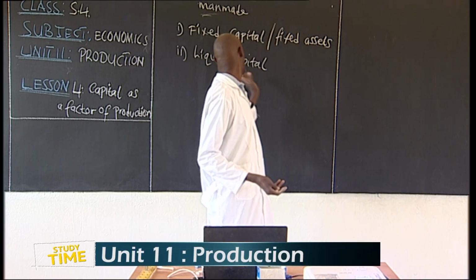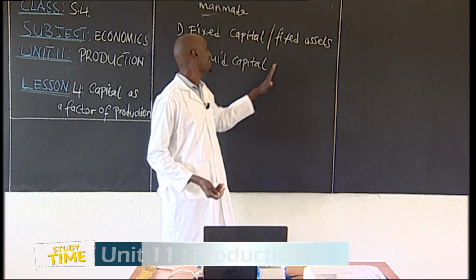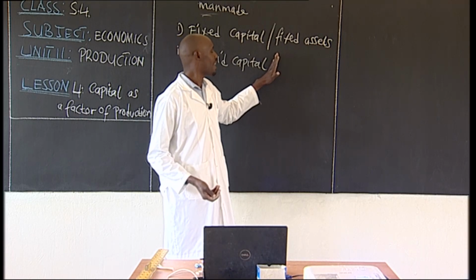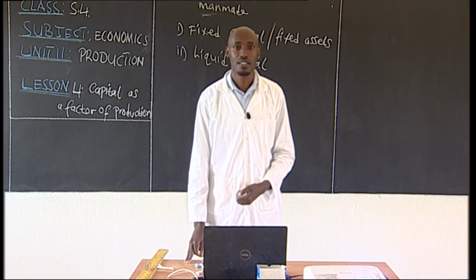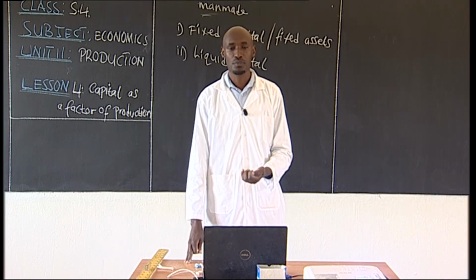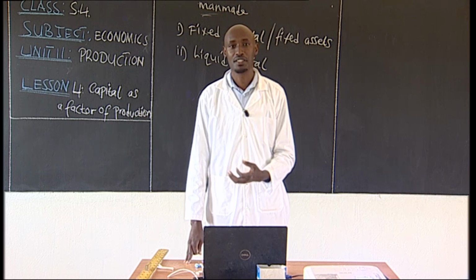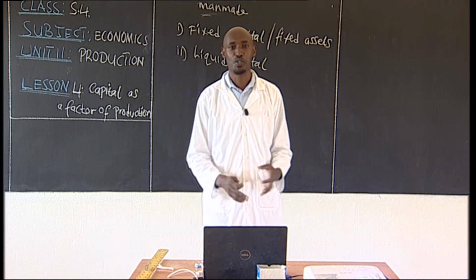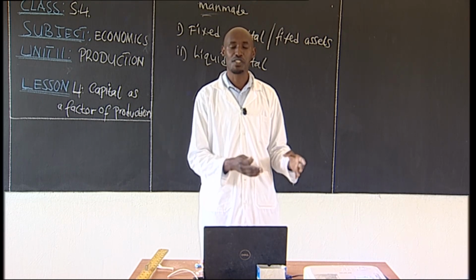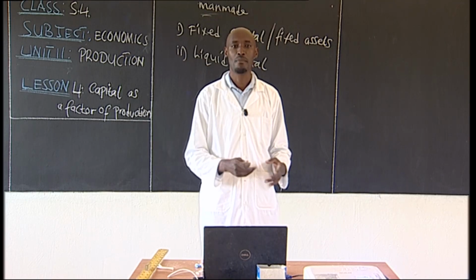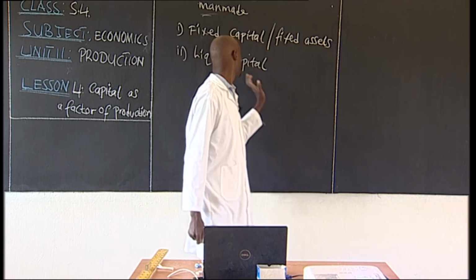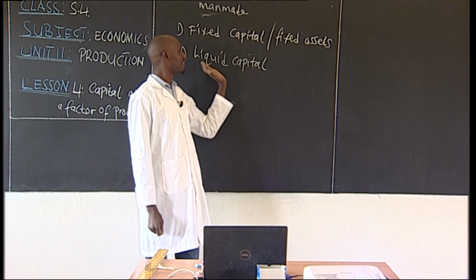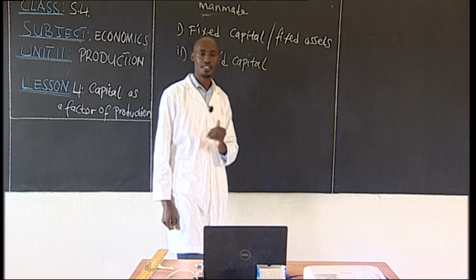You have liquid cash, and you have other assets that you can easily sell. For instance, stock. You have stock of salt. You have stocked rice. You have stocked sugar. Anytime you can get somebody to buy and sell it, then you get liquid capital.